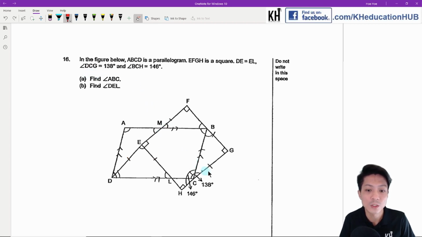DCG is equals to 138, so DCG is here, which is 138. BCH is 146. Okay, find angle ABC.